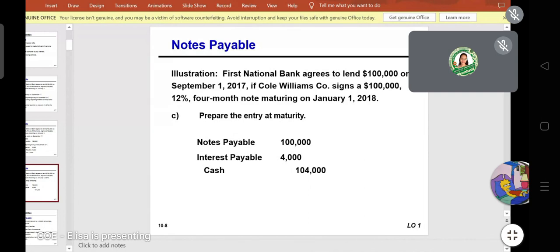That is payment of the principal amount of 100,000 and then the interest payable of 4,000. So that closed the transaction of the 100,000 notes payable executed, dated September 1 and then paid on January 1. So we completed the transactions.